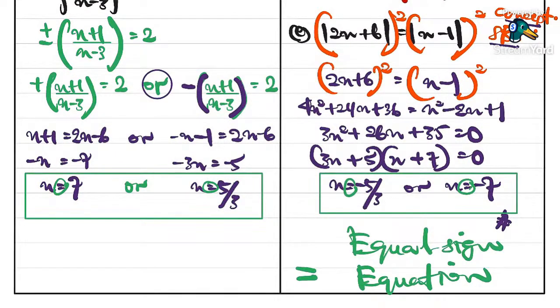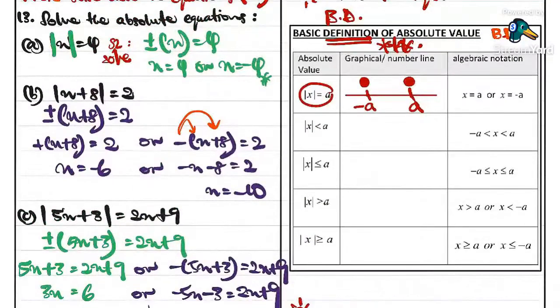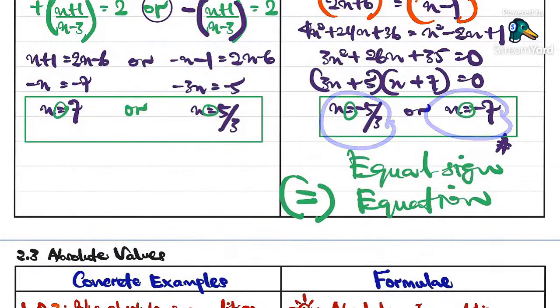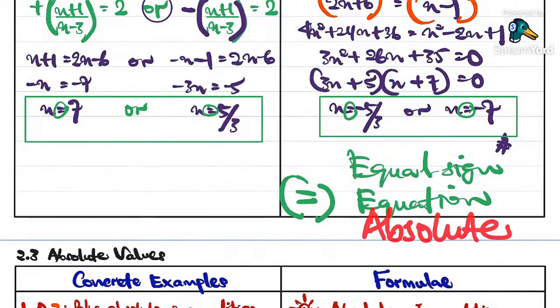Remember, equal means equation. So equation will always give you either that or this. That's why you will always get two answers in answering what kind of problem? Problem dia apa? Problem dia dipanggil sebagai absolute equation.